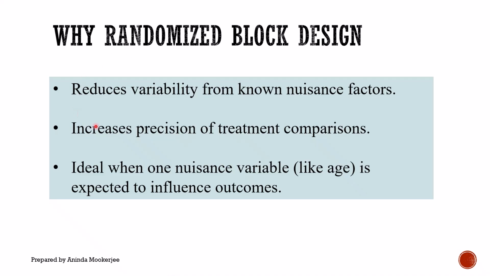First, it reduces the variability from known nuisance factors. It increases the precision of treatment comparisons, and then it is ideal when one nuisance variable like age is expected to influence the outcomes or the results of an experiment.